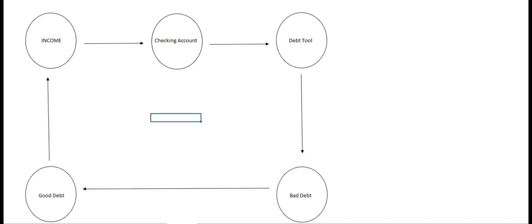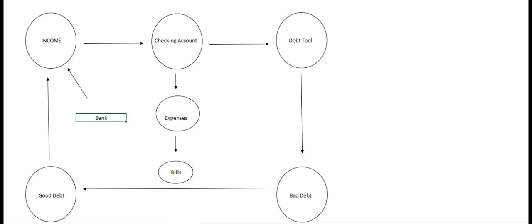So what I did was, from your checking account, that flow is really your expenses, right? Because there's more than just bills, but your expenses come out. One of those expenses is the bills. And we had the bank over here on the left side.